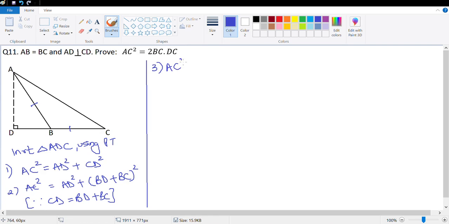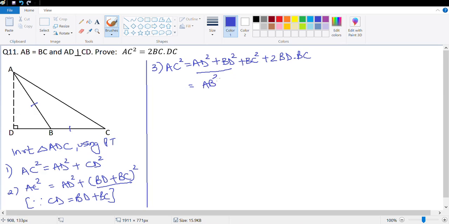So this is AC square is equal to AD square plus BD square plus BC square plus 2 times BD dot BC. Just open this bracket in the form of x plus y whole square. Now AD square plus BD square, if I look at the small triangle ADB, would be equal to AB square.